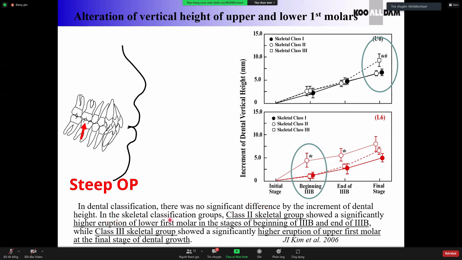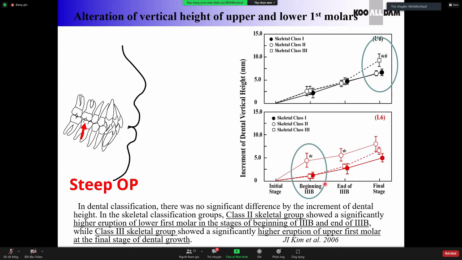But in the skeletal classification group, there was. The class 2 skeletal group showed a significantly higher eruption of the lower first molar in the stage of the beginning of Hellman dental A to the end of 3B. On the other hand, the class 3 skeletal group showed a significantly higher eruption of the upper first molar in the final stage of dental growth.